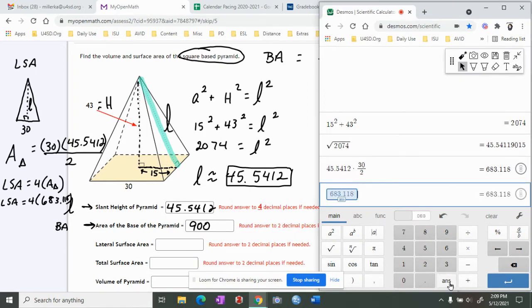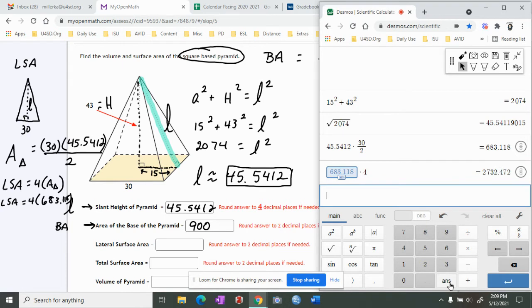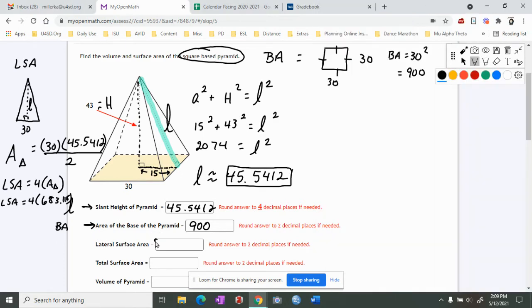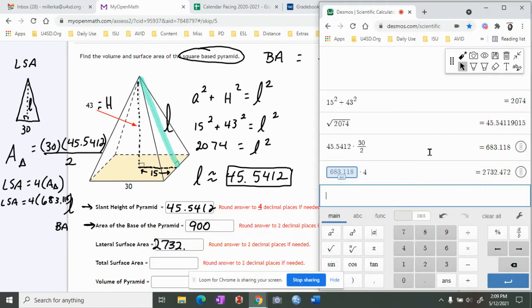So my answer times 4 is my lateral surface area. So that's 2,732, and I want to go 2 decimal places. So 0.472 tells me to keep the 7, so 0.47.